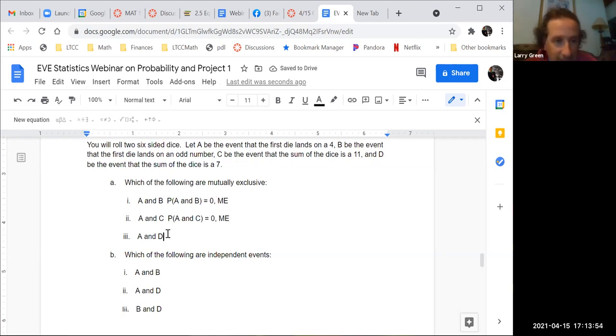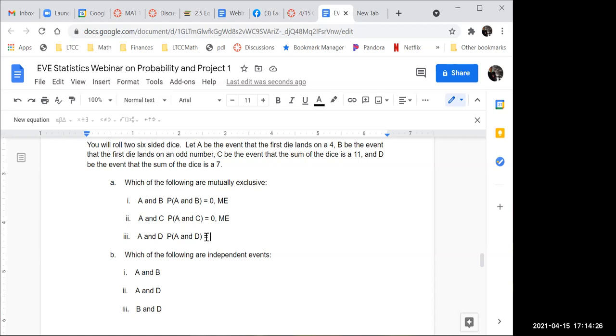Now let's look at A and D. Probability of A and D. So now the first lands at a 4, and the sum is a 7. What is that probability? The idea is, if the first is a 4 and the sum's a 7, can you tell me what the second one is? It's not a trick question.